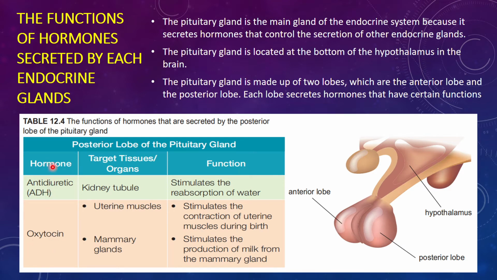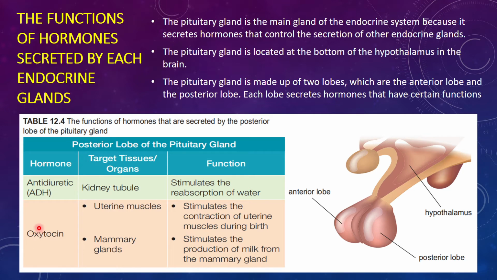oxytocin. The ADH, or the antidiuretic hormone, targets the kidney tubule. So this pituitary gland is going to secrete these hormones, and it is going to work at the kidney tubule to stimulate the reabsorption of water.